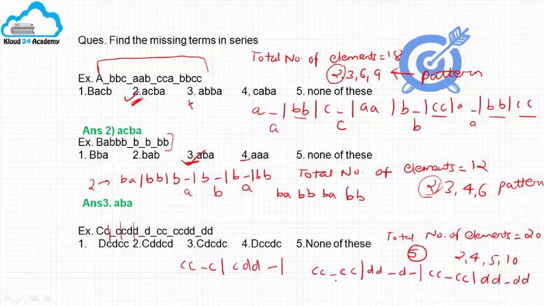We fill it with C. So we get CC, CC, C. Then we fill these with D. We get D, D, D, D, D. We fill it with C again and D. So here pattern was in the form of 5 alphabets taken together. So we filled it with C, D, D, C, D. So second is the answer.